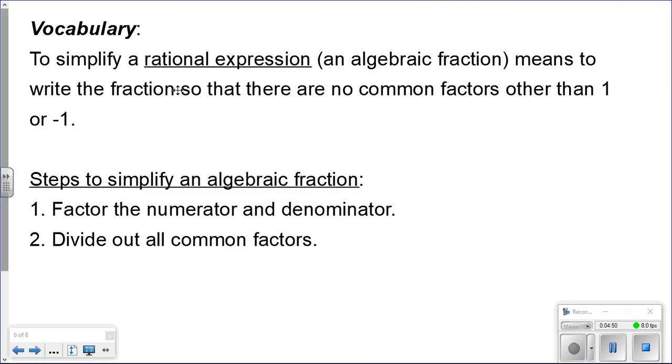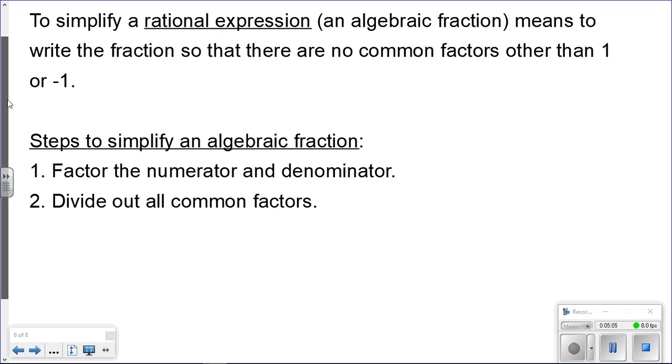Right, so to simplify a rational expression means to write the fraction so there are no common factors other than 1 or negative 1. So basically you're reducing the fraction. And we can do this with polynomials, not just regular numbers. So we are going to factor the numerator and the denominator, and then we divide out all common factors.